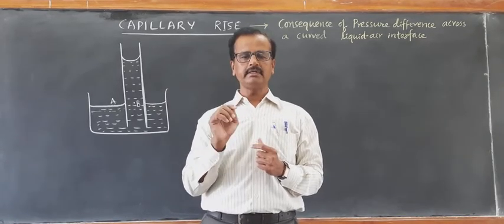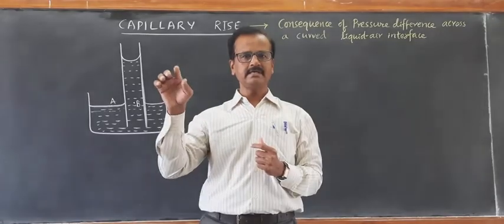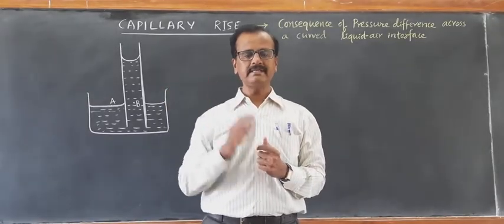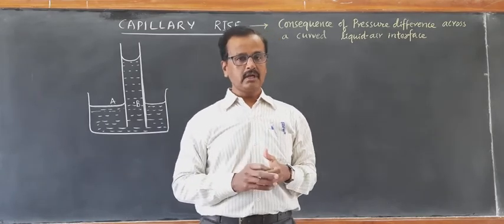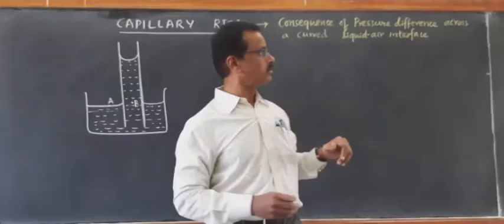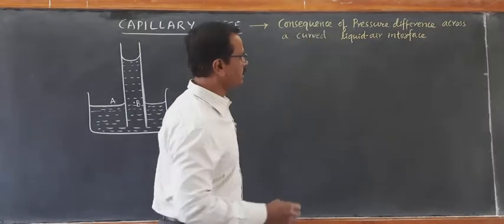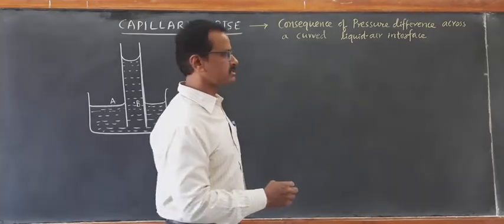Pi minus P naught is equal to 2S by R, where S is the surface tension. Now we are learning the consequence of this pressure difference Pi minus P naught across a curved liquid air interface as capillary rise.